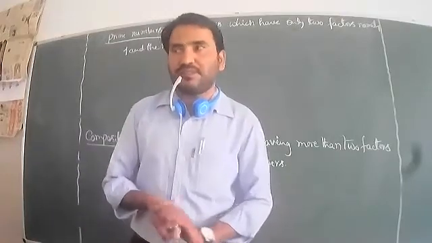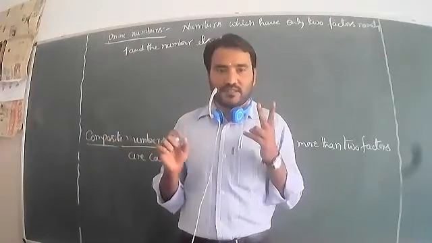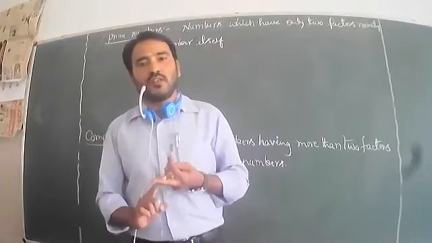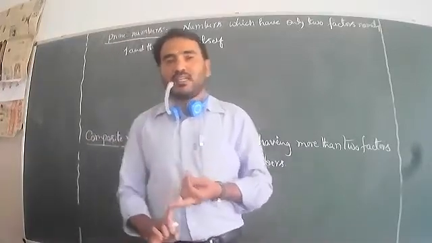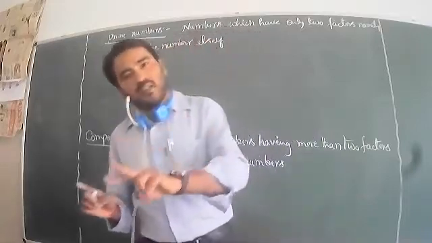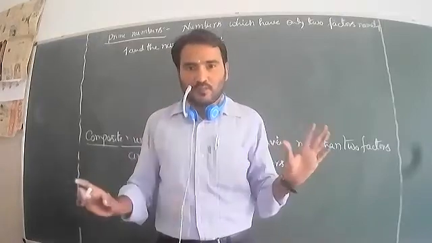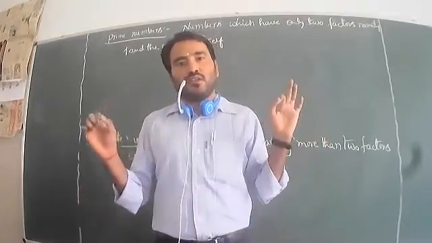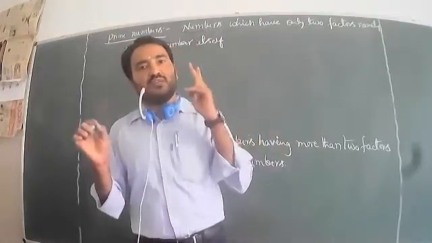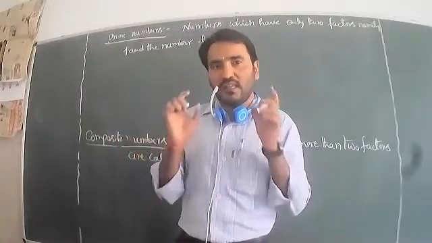Prime numbers means the numbers having only two factors. Those numbers can be divided only by one and the number itself, and not by any other number. Those numbers are called prime numbers.